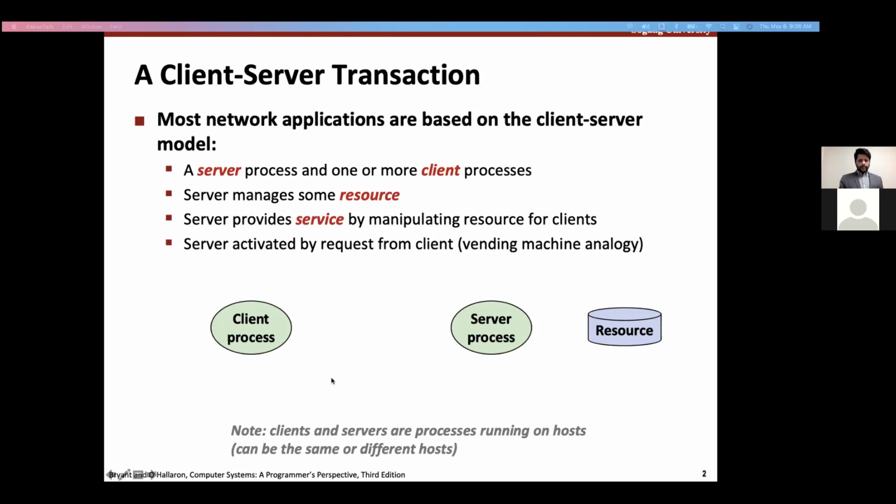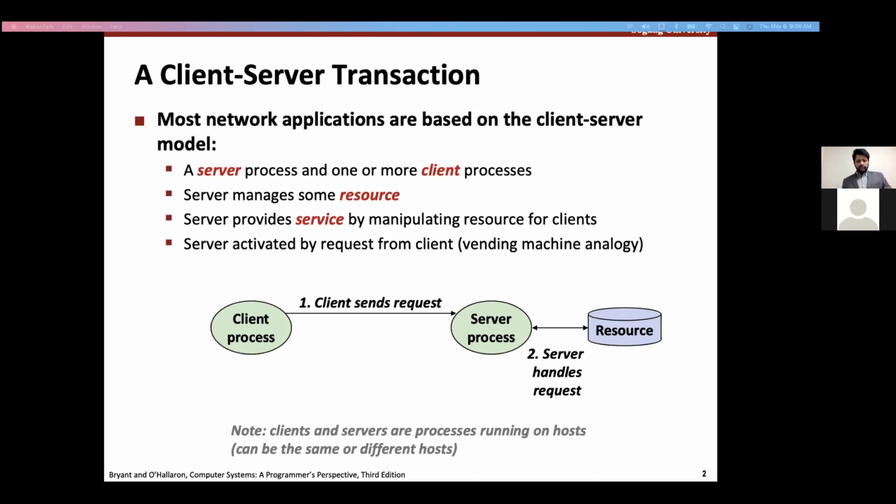The first step is that the client process will request the server. It initiates a transaction by sending a request to the server process. For example, when a web browser needs a file, it sends a request to a web server. Then in the second step, the server receives the request, interprets it, and manipulates its resources in the appropriate way.